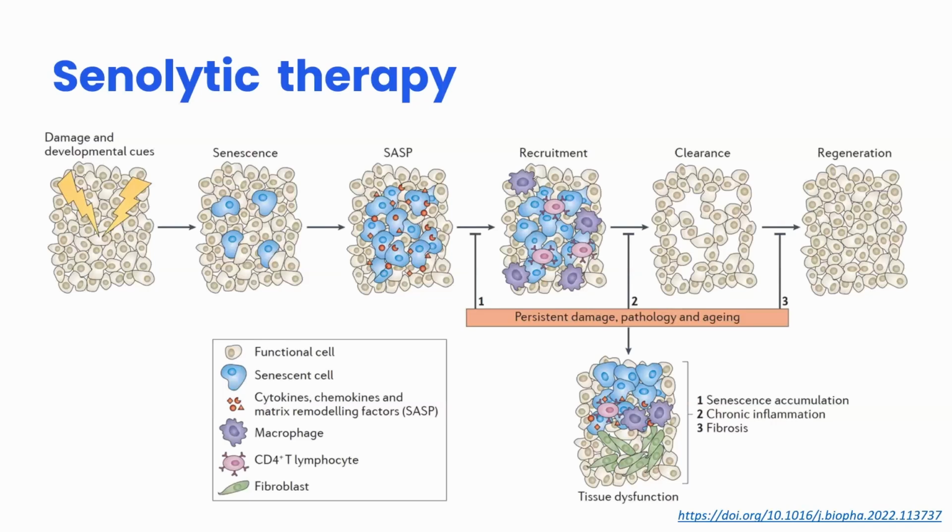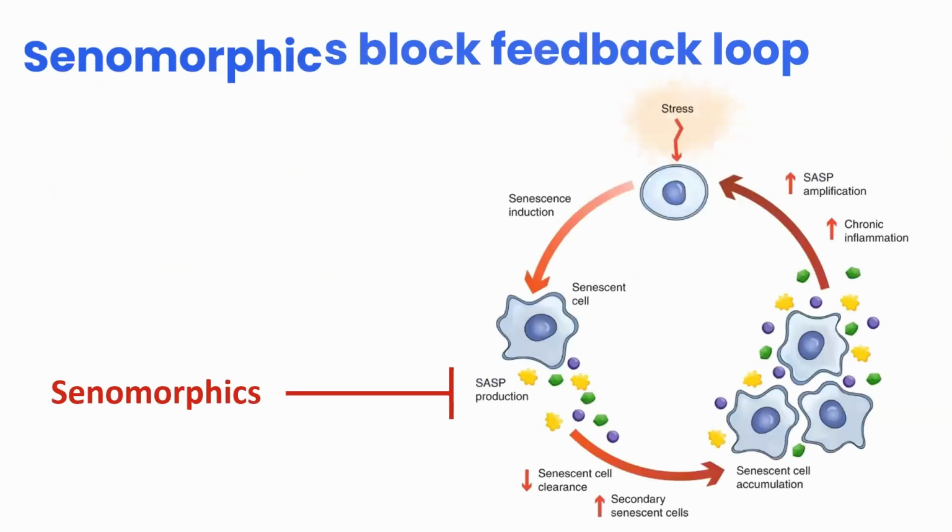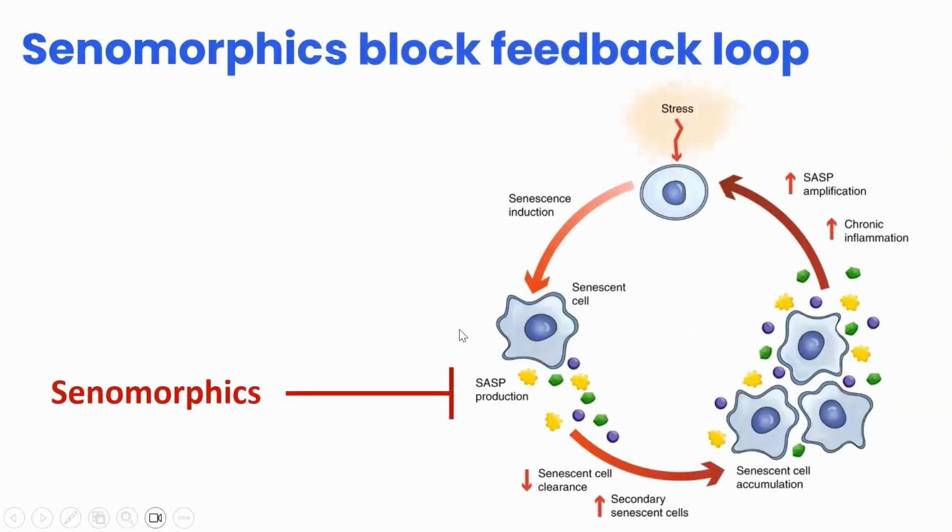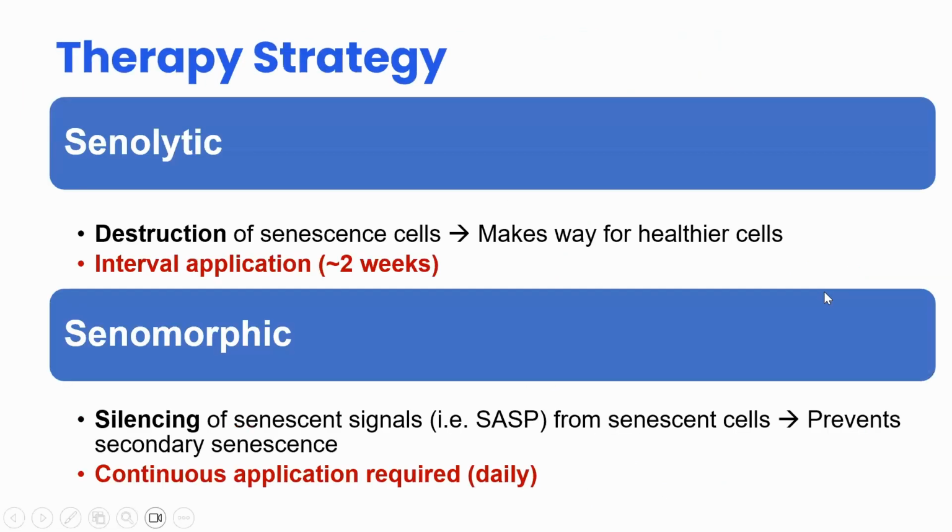And that is the approach of senolytic therapy. Whereas senomorphic therapy does something a little different. It doesn't directly kill the cells, but once the cells are stressed and become senescent, it blocks the production of those senescent molecules. So it stops those cells from making other cells senescent, and that's equally important.